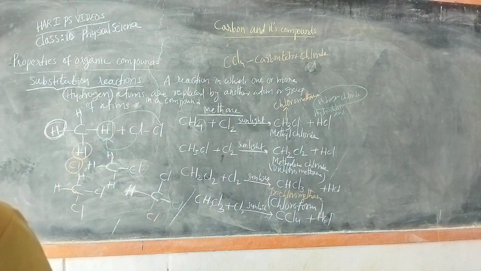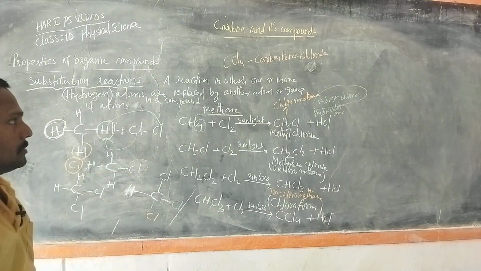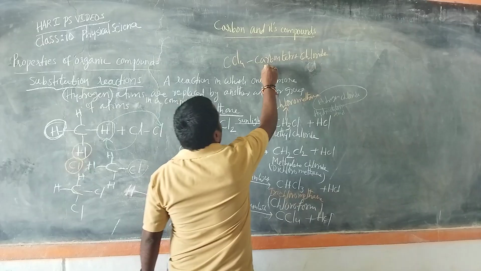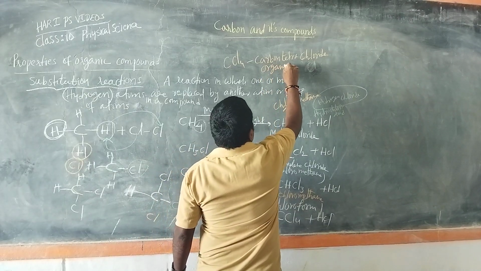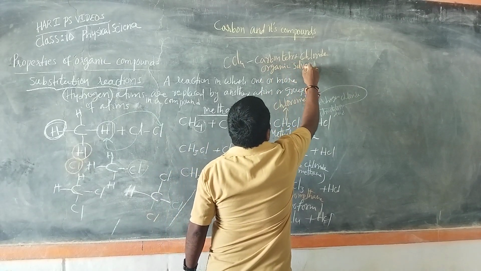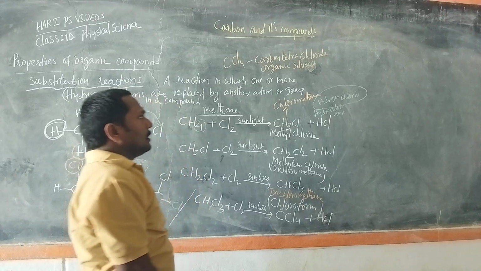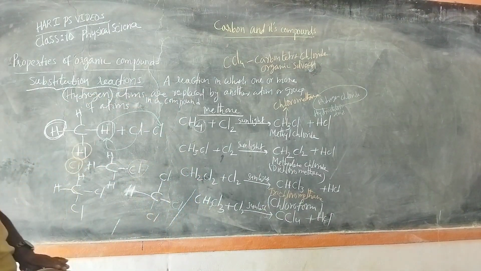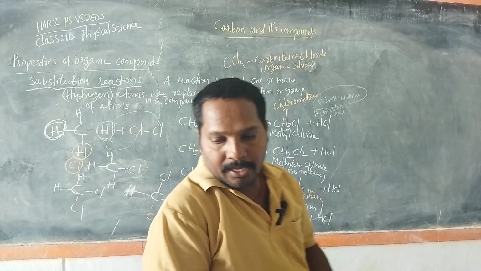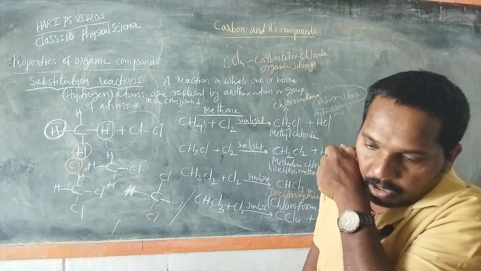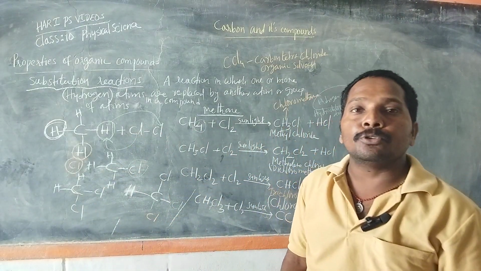The name is carbon tetrachloride. It is an organic solvent. Such a kind of reaction is called a substitution reaction.